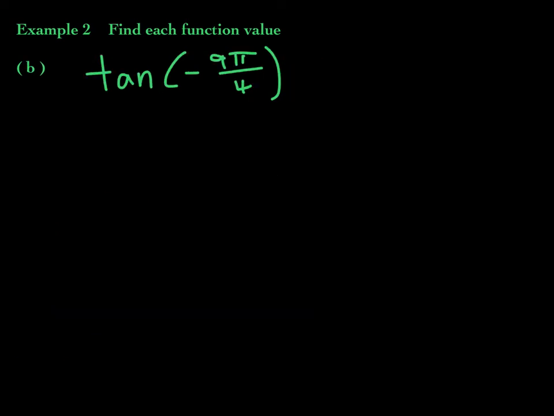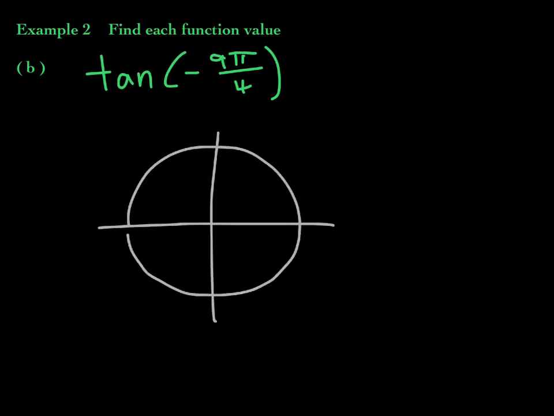The next one they ask us for is tangent of negative 9 pi over 4. Let's move around the unit circle. Now we're going to have to move in a clockwise direction because this angle is negative.